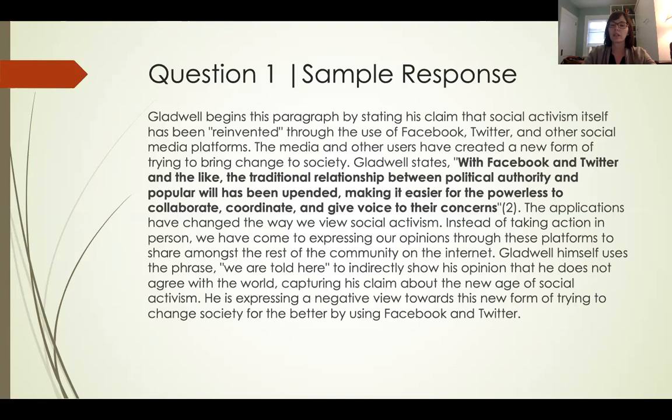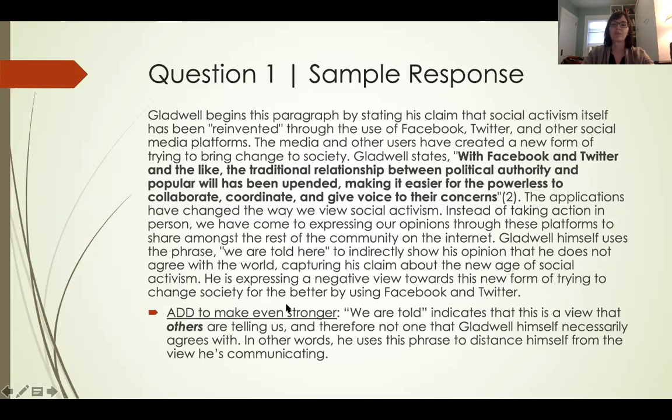And so the writer here successfully identifies that this phrase, "we are told," is Gladwell indicating that he's not in agreement with this particular view of social media and its ability to enact real world change.